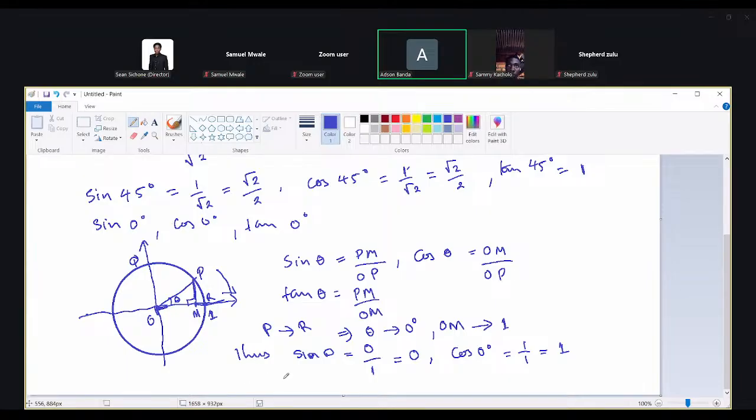And then the tangent of 0, in this case, PM is 0 and OM is equal to 1. So you are just going to have 0 divided by 1, which is equal to 0. So those are the ratios when you look at 0 degrees. Is there any question on this one?